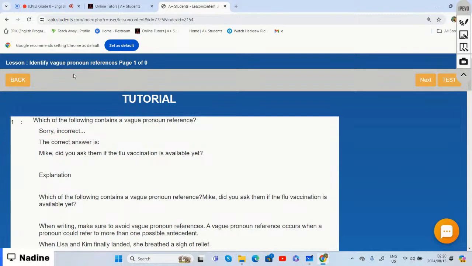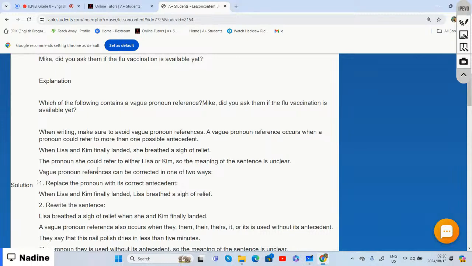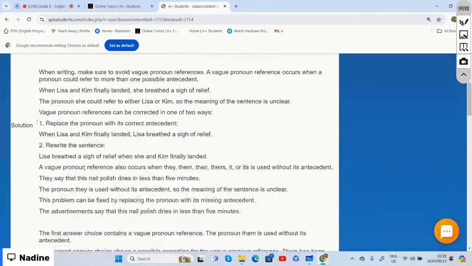All right. So we said that when you're writing, you need to make sure to avoid vague pronoun references.